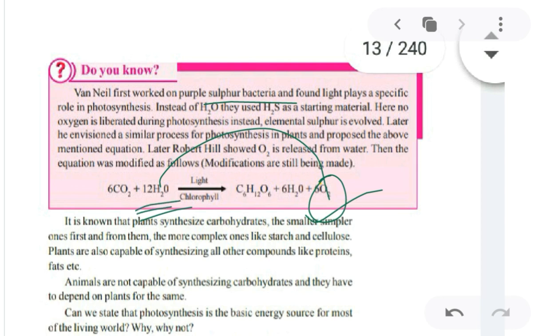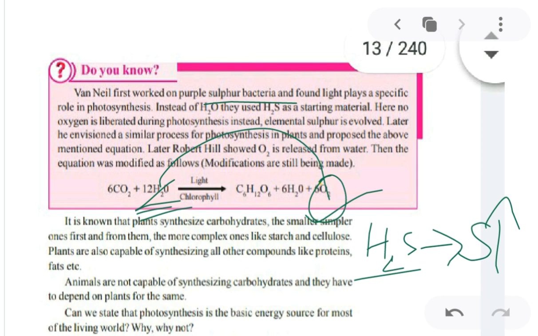Instead he took hydrogen sulfide. So oxygen is not liberated. Which gas is liberated? Sulfur gas is released. So that indicated that the oxygen molecule released in the photosynthesis process comes from water only. So that is the introduction part of the autotrophic mode of nutrition.